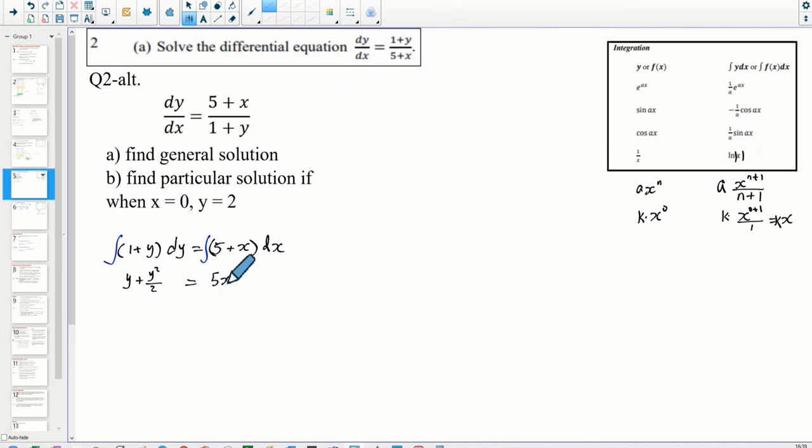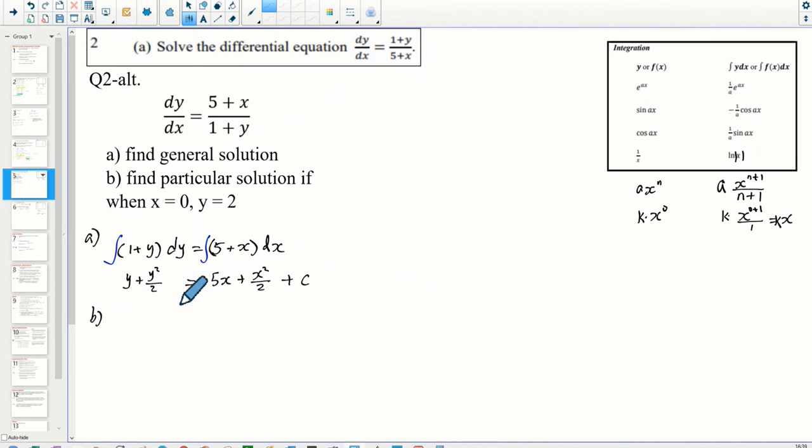On the right side, 5x plus same thing, raise the x power by 1 to x squared, and divide by that number. And don't forget your constant. So you can notice that for this expression, that's the end of question A. There's no logs due to the simplicity in the expression after you've separated them.